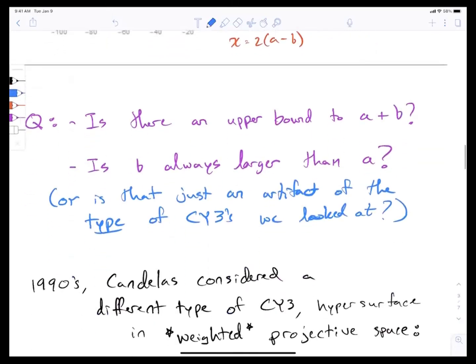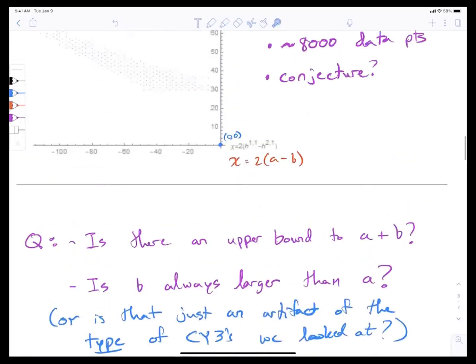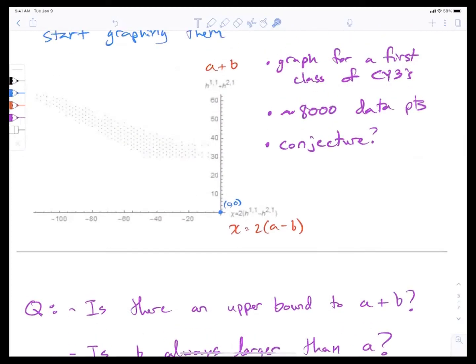So in the 1990s, largely started by someone named Candelas, they started looking at other types of Calabi-Yau threefolds. And I should say the class up here, for those of you that know the word, these are all ones that live in projective space in a particularly simple way.